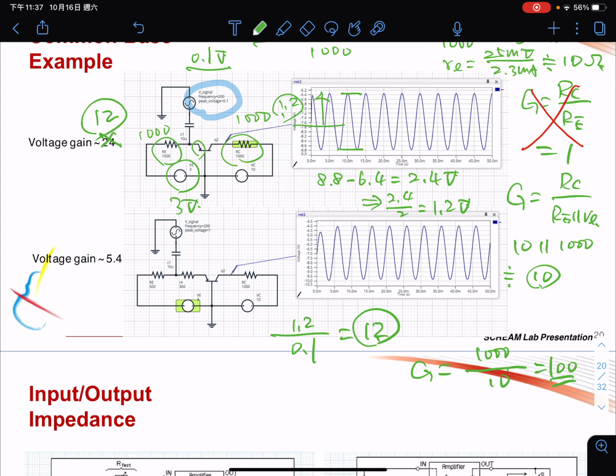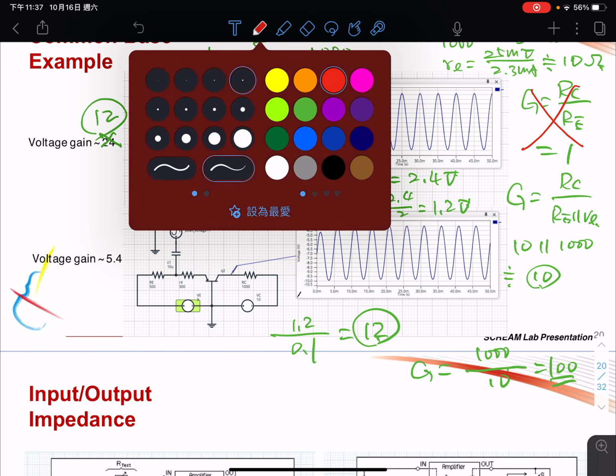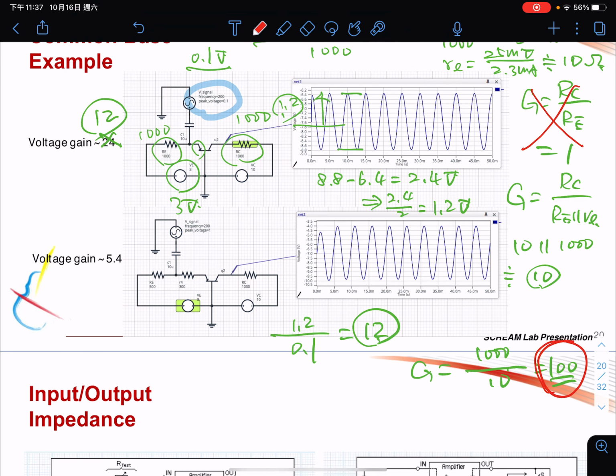So that means, although the calculation is 100, basically it cannot go that big. It's only 12. That means that in our calculation, although we can see that the gain may be 100, in the simulator, of course, the simulator is closer to the real things, and now it's only 12.